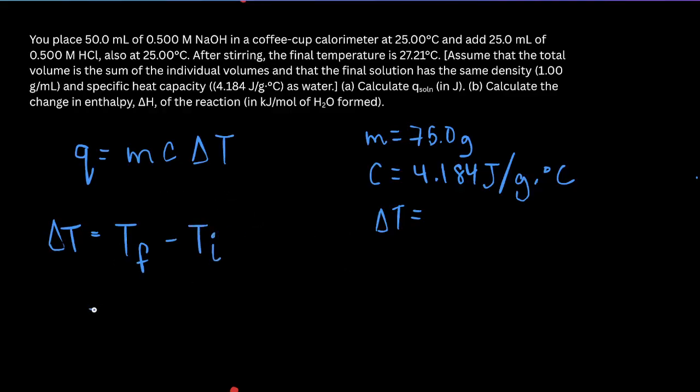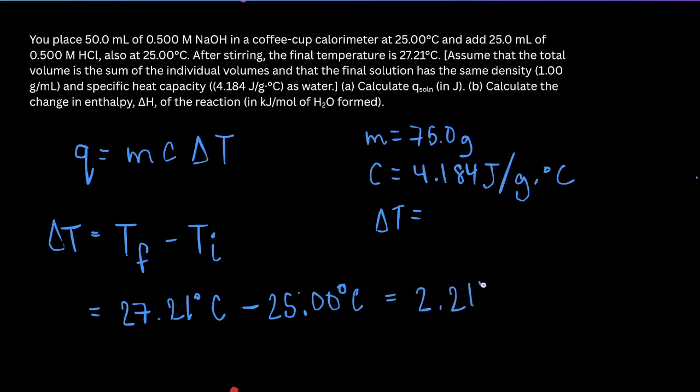In this case, our final temperature, we were told, was 27.21 degrees Celsius. And from that, we will subtract our initial temperature of 25 degrees Celsius, giving us an answer of 2.21 degrees Celsius. So this 2.21 is going to be our delta T.